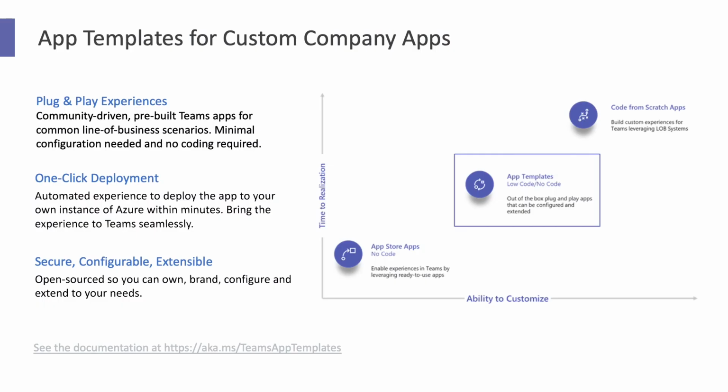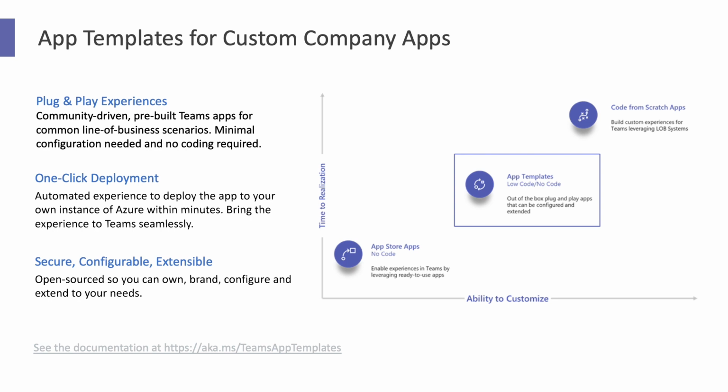So I really love both of those examples because product adoption and onboarding are probably relevant to everyone. Next, I wanted to show you a couple of tools that we have outside of just the store apps that are available today that allow you to customize in Teams. And the first is app templates. In terms of the world of apps here, we've talked a little bit about store apps, and those are available in the store.